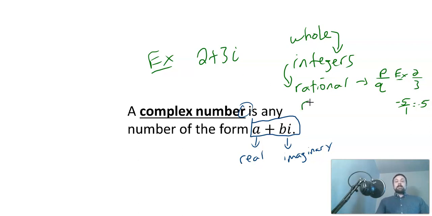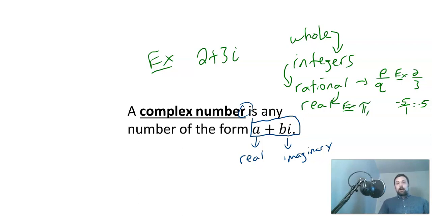And then the next set up from that are the real numbers, which include all these rational numbers. The rational numbers are contained in the set of real numbers, but the real numbers also include numbers like pi. These are decimal numbers that go on forever without repeating a pattern. So let me write that again.